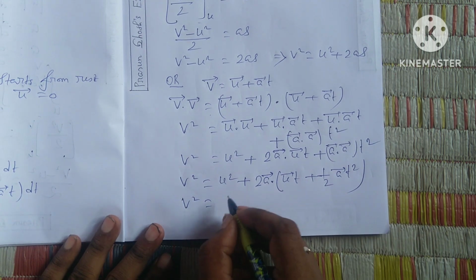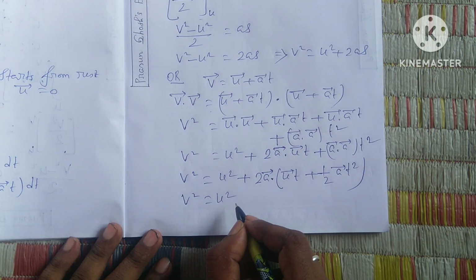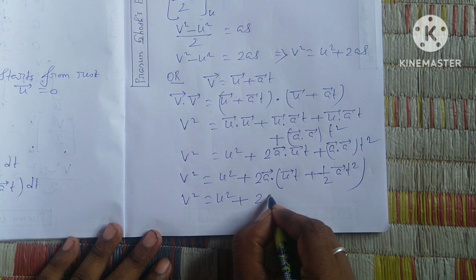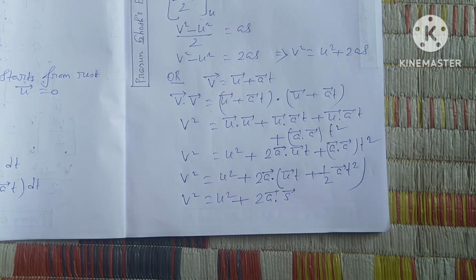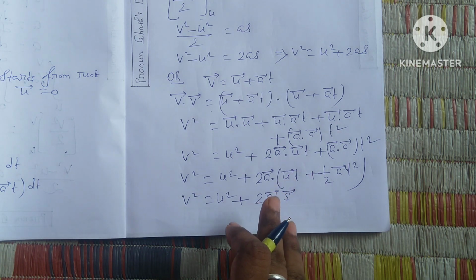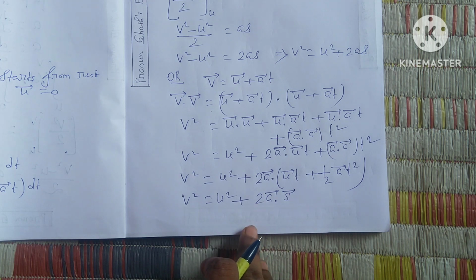So v square equals u square plus 2a dot s. This is the value of s. So we can prove it with the help of vector format. So this is highly important for solving different types of numericals.